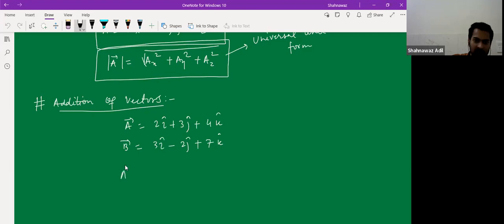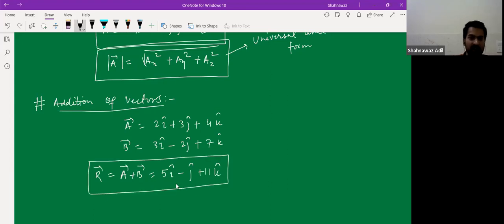So the addition of vectors would simply be I with I. So this would be 5I hat, this would be J hat, and this would be 11K. So doing addition in the universal unit vector form is pretty easy. Then we can calculate the magnitude of this vector. So the magnitude of this vector would be how much?